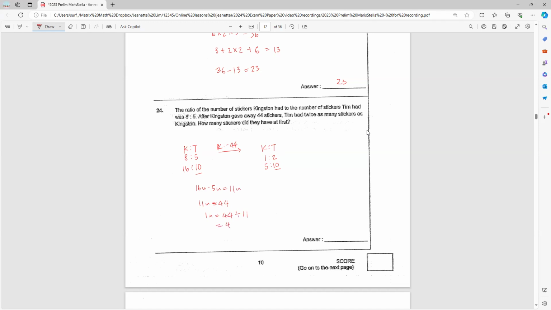Next, how many stickers did they have at first? So total number of units we are finding is 26 units. So 26 times 4, 104. Okay, so total at first is 104 stickers.